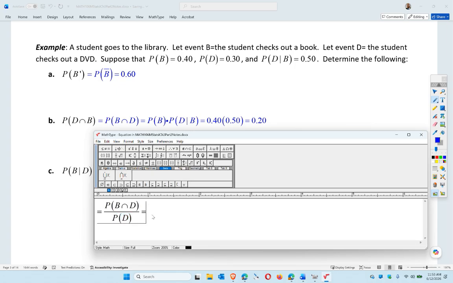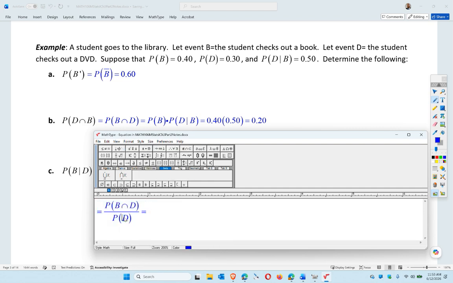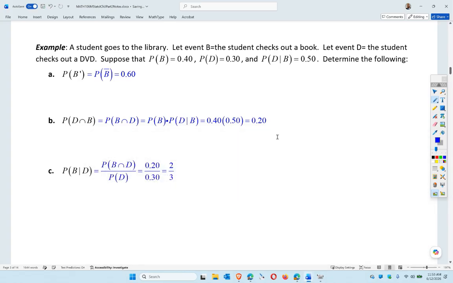So make this blue. We just figured out in the previous problem that D and B or B and D are the same thing, which was 20. And the probability of D is 30. So we can just rewrite that by moving the decimal as 2/3, right? I like it. We can keep that there.